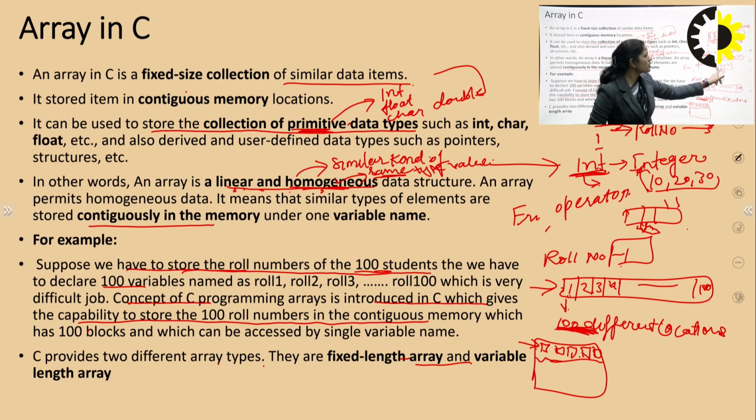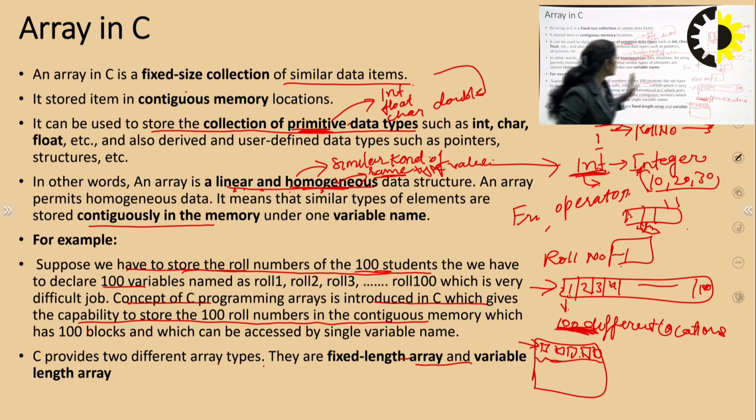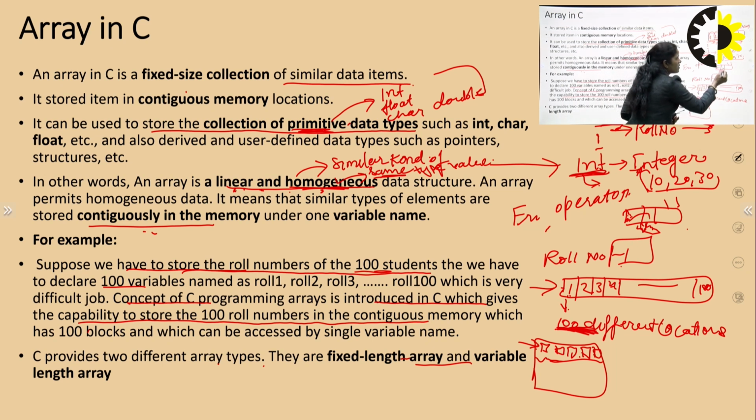Whenever we are inserting a value into the array, we always follow the contiguous manner. That means in an adjacent form. एक से इसके बाद ये, then इसके बाद ये. That is the actual meaning, right?